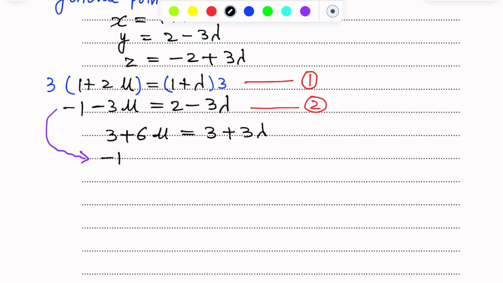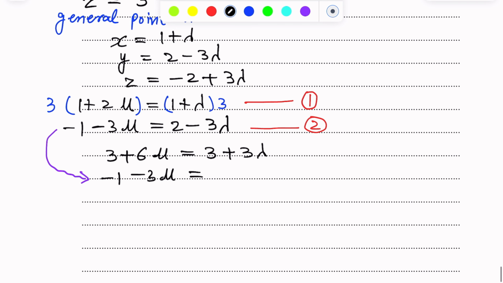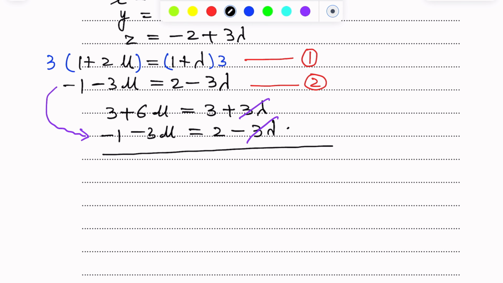Equation number 2 is minus 1 minus 3 mu is equal to 2 minus 3 lambda. Adding, cancellation, simplifying we get 2 plus 3 mu is equal to 5.